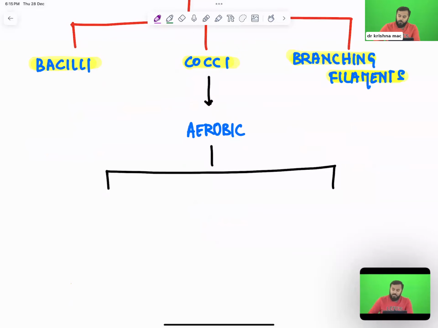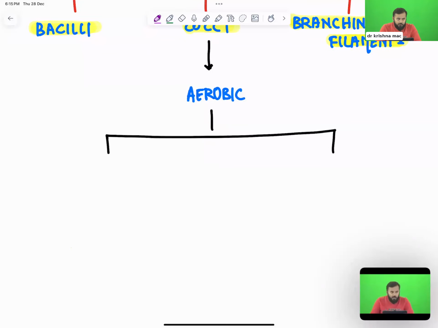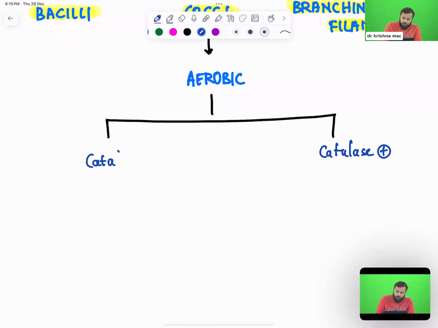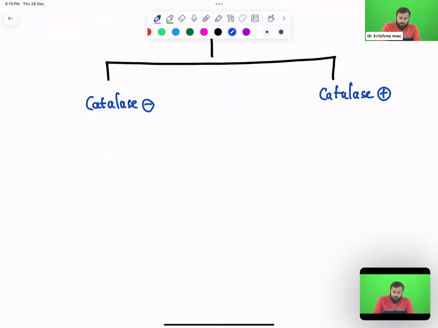Now, this aerobic cocci is divided into two parts. One is called as catalase positive and the other one is called as catalase negative. Okay. Now, when it comes to catalase negative, for example, if I'm drawing one bacteria in the form of a chain like this, right?